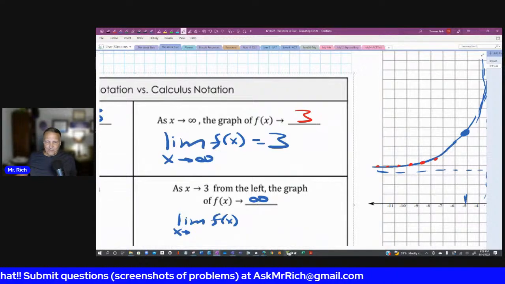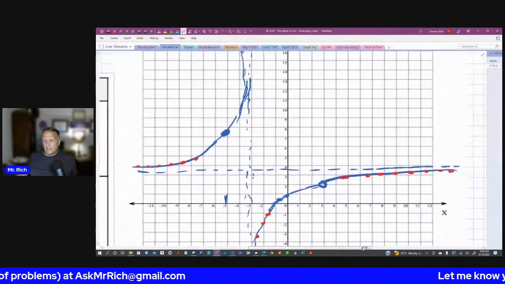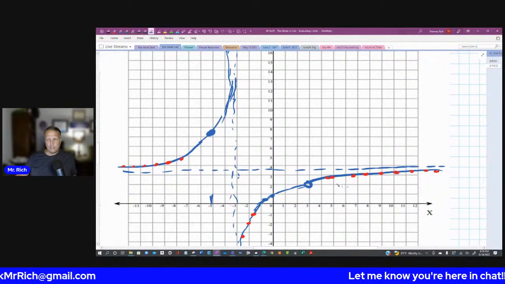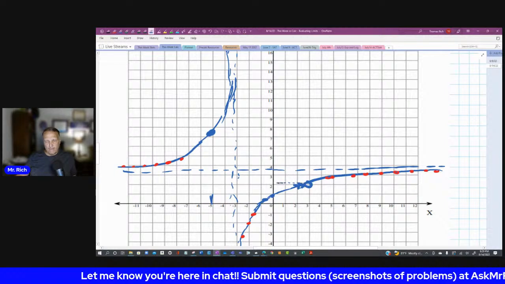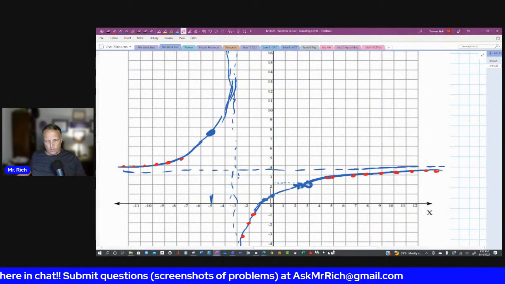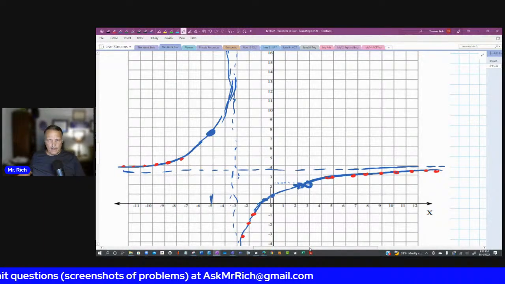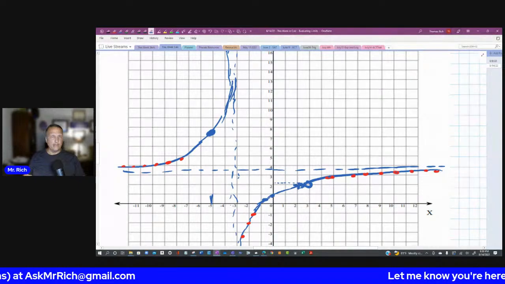So let's go over here to 3. That's a different answer. As I approach 3 over here from the left, I'm getting closer and closer to the y value of the hole. Now, this graph is off a bit. We saw that that was 1 2/3 or 5/3. This y value, where that hole is located, is supposed to be 5/3.